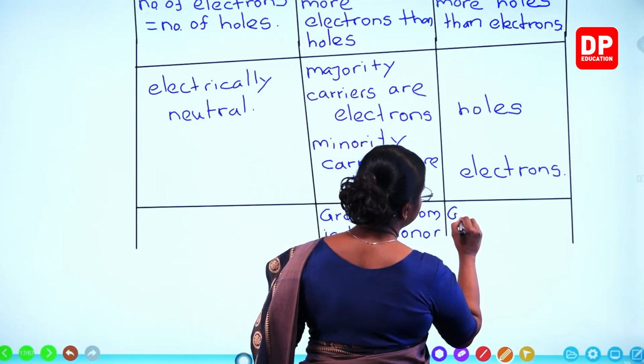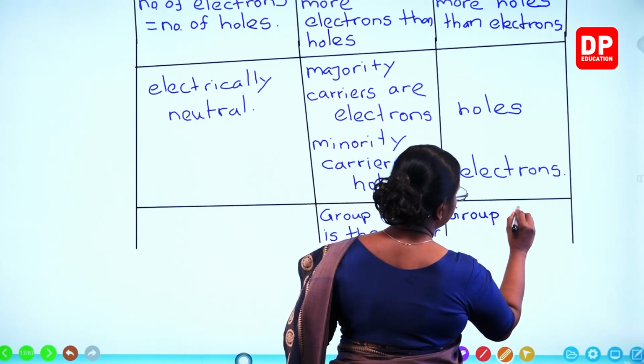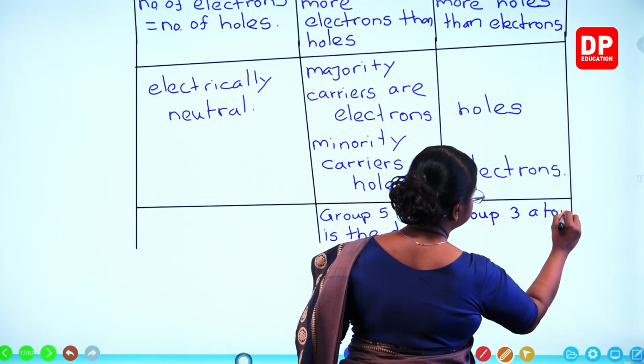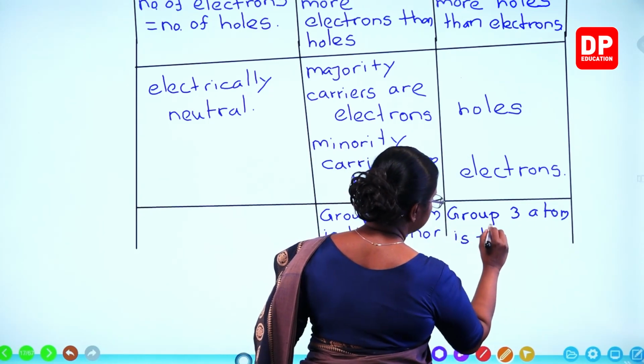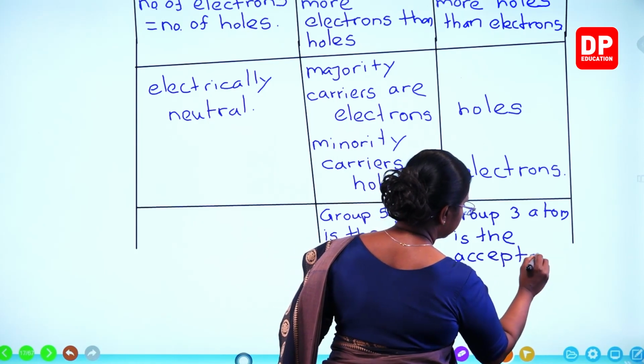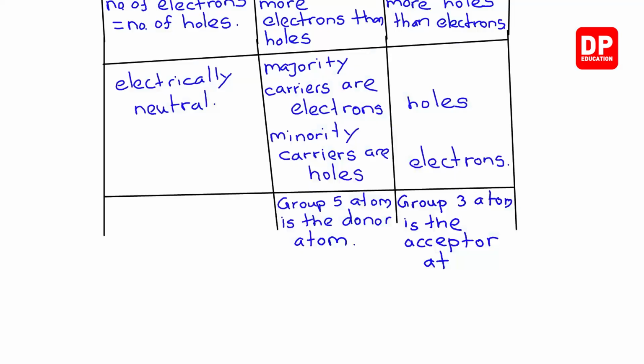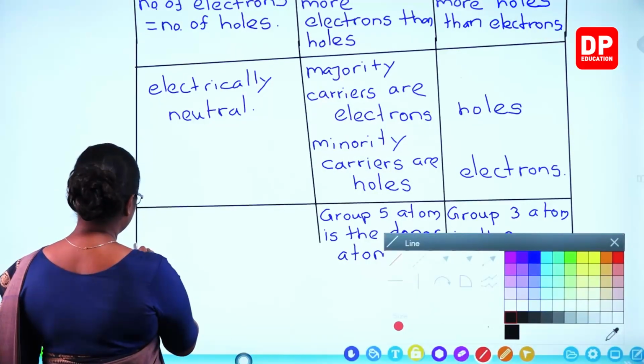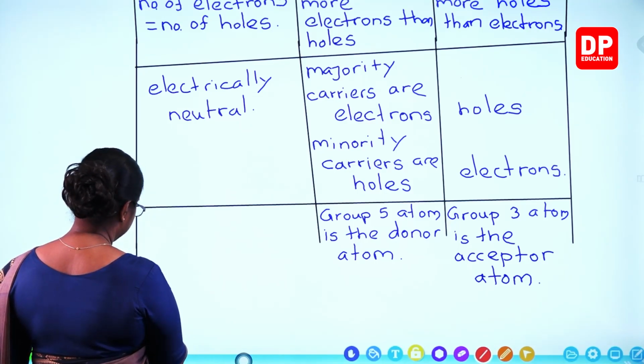And here, group 3 atom is the acceptor atom. So those are all what we discussed so far. Intrinsic, extrinsic semiconductors.